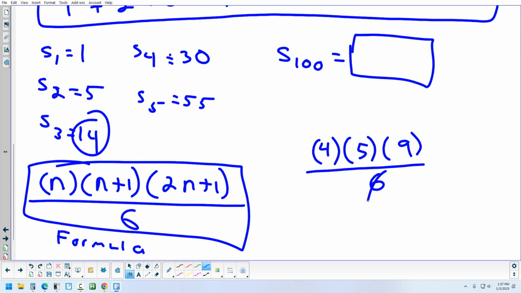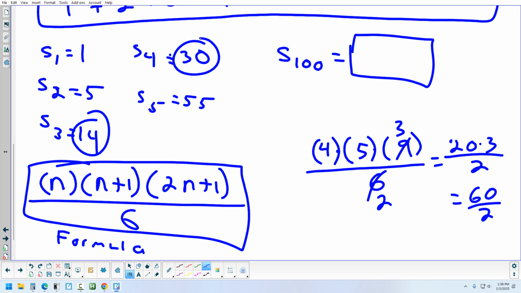How many times does 3 go into 6? Twice. And how many times does 3 go into 9? 3. Okay. What's 4 times 5? 20. What's 20 times 3? 60. And what's 60 divided by 2? 30. So this formula automatically adds up the first n perfect squares. That's what this formula does.